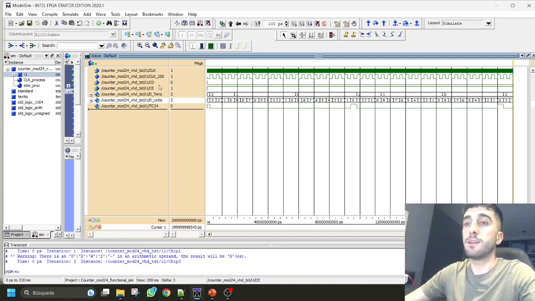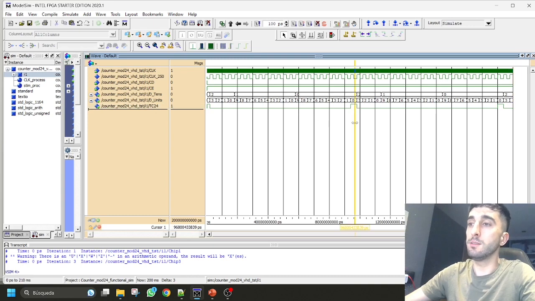And here I have the clear direct in 0 and the count enable in 1. So because it's 1, it goes down counting 23, 22, 21, and keeps counting down. And when it arrives to 0, 0, as I said before, the TC24 goes 1, okay? And when it's 0, 0, it goes 23 another time, and goes counting every time.